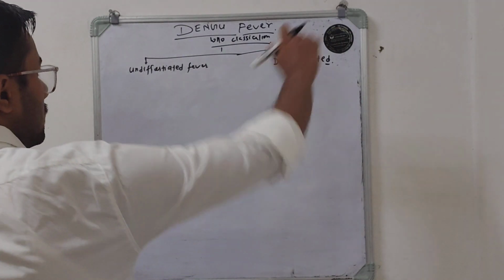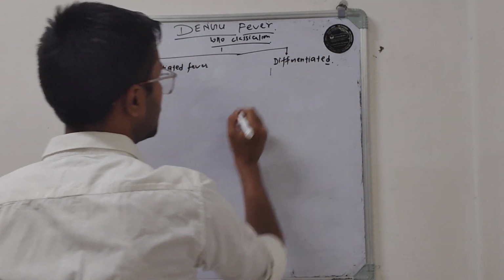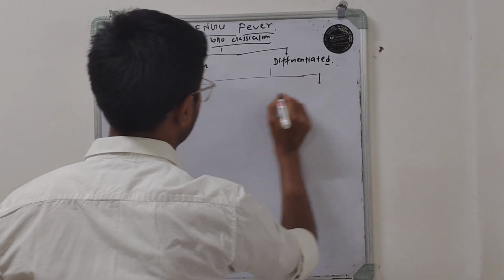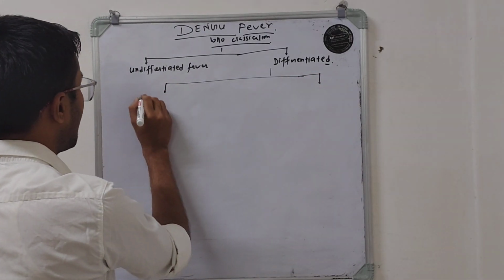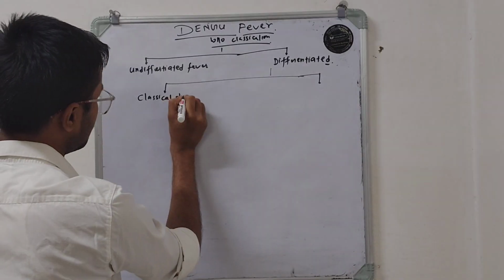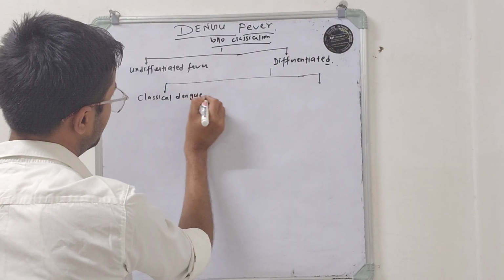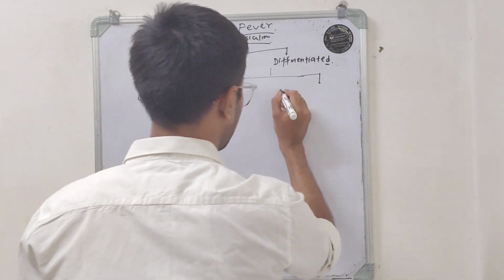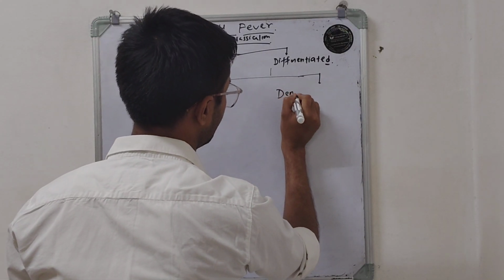This differentiated dengue fever is further categorized into two categories. One is classical dengue fever, and another is dengue hemorrhagic fever.